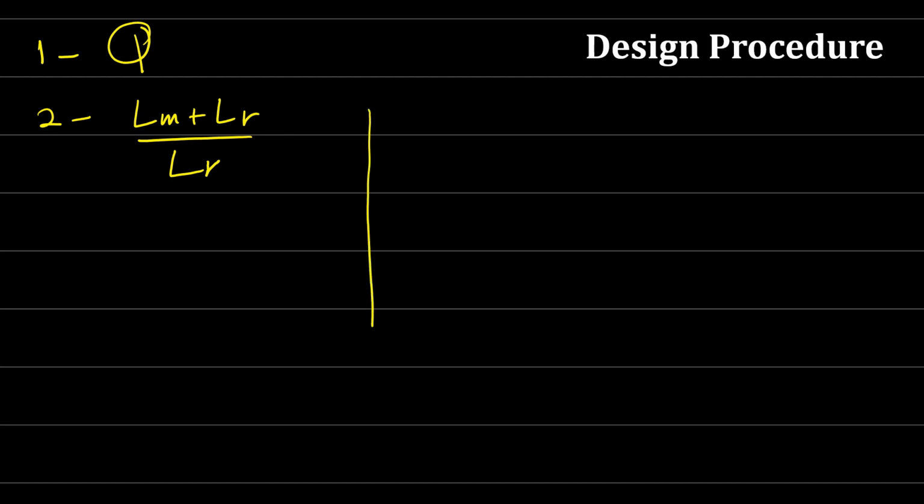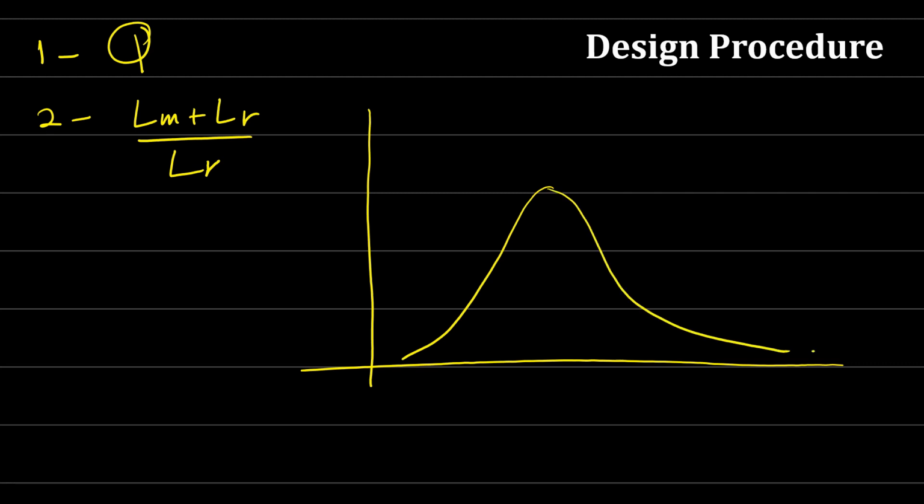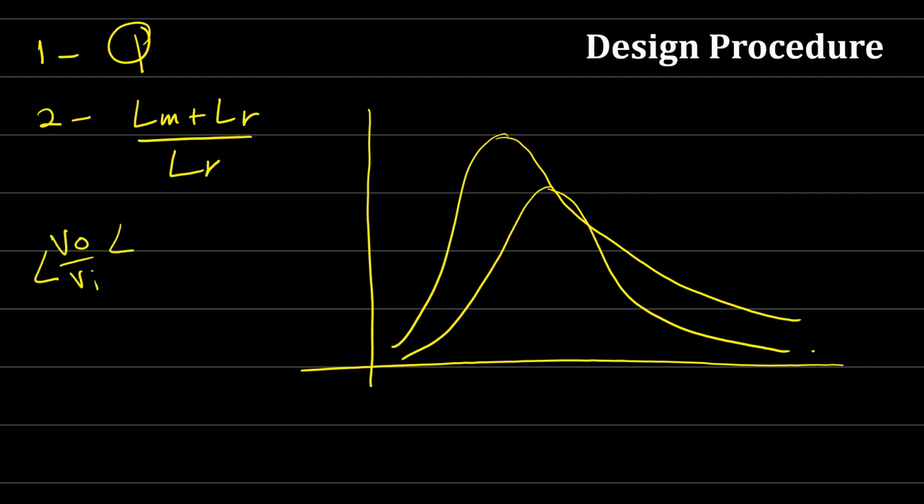After that, you'll find that you have a region of choices. Let's say if Q is equal to a certain value, you need to find V out over Vn within a range.